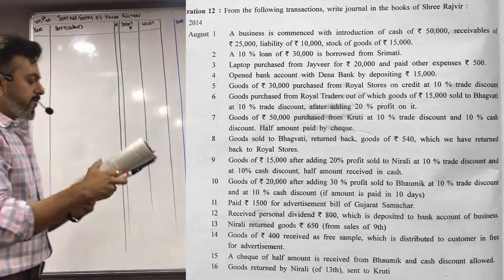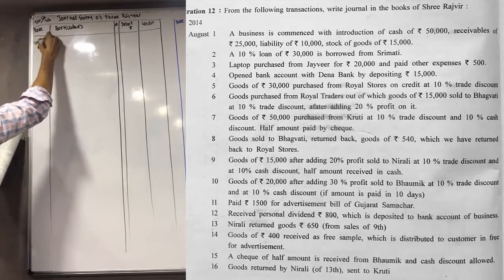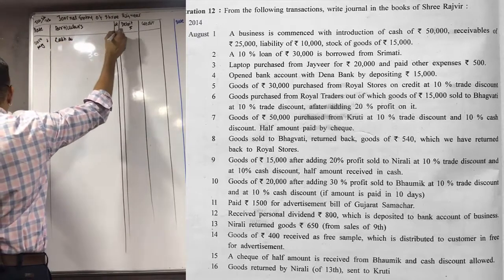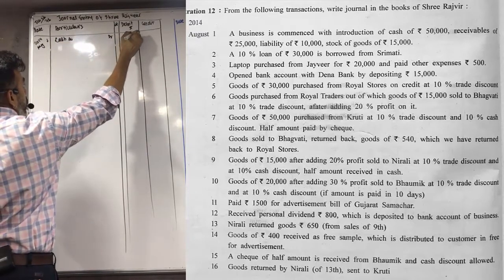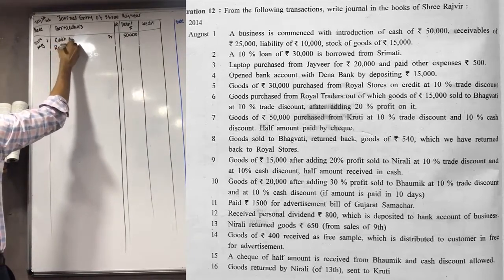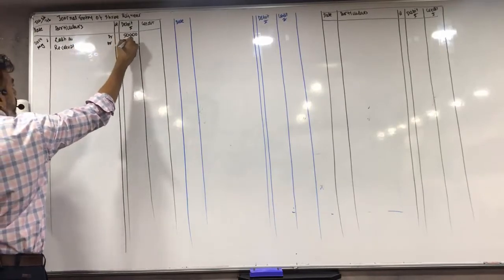Okay, right. Cash account debit, 2014 August 1. Cash account debit 50,000. Receivable account debit 25,000.